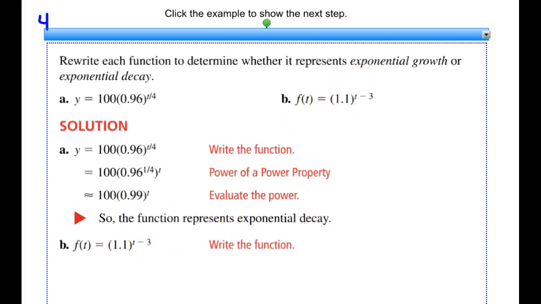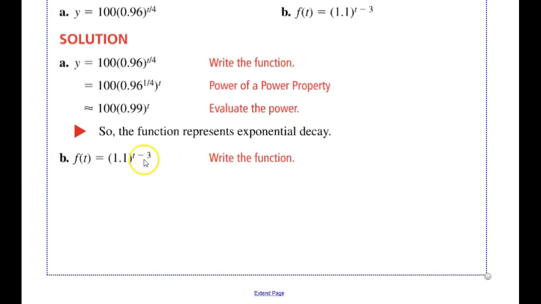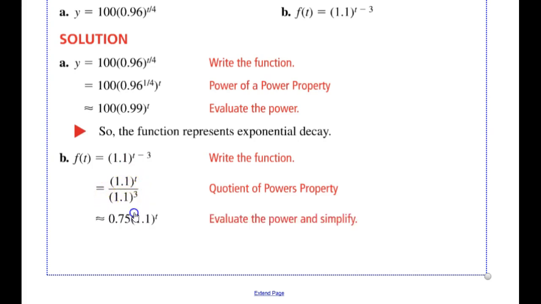Okay, so I'm going to just write my function how I was given, but I see that I have more things in my exponent than just my t, just my variable. So I have to get rid of that first. Well, I know that when I'm subtracting exponents, that's going to be my quotient of powers property, right? So I can rewrite it as this, and then I see that in the denominator is something that I can actually deal with.